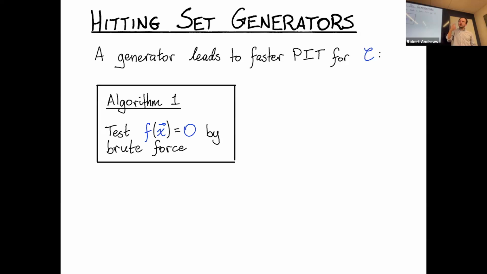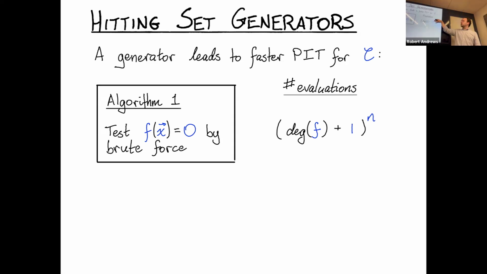You evaluate it on so many points that you can just interpolate back the coefficients and see whether this polynomial is 0 or non-zero. This needs an absurdly large number of evaluations: something like (degree plus 1) raised to n, the number of variables. So this is an exponential time algorithm, it's deterministic.